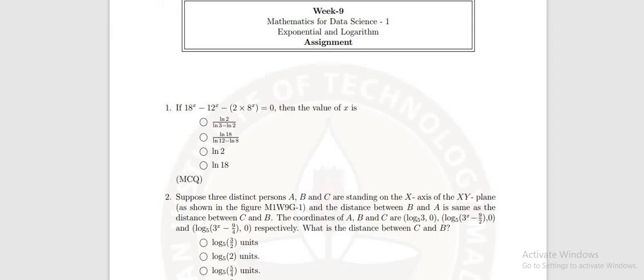If 18 to the power x minus 12 to the power x minus 2 into 8 to the power x is equal to 0, then find out the value of x. Now this question seems to be very complex, but you are going to use the concept of algebra and the formula of logarithm, and the question will be solved in just a few seconds.